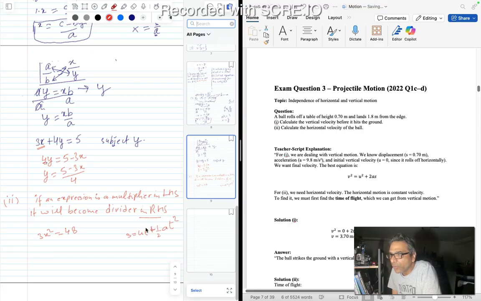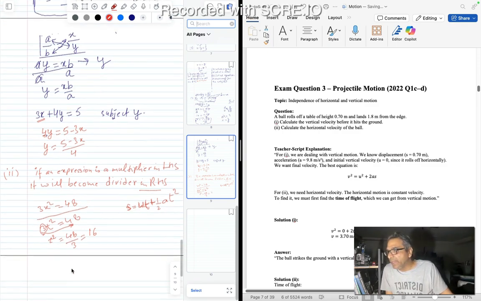Sometimes it becomes like this: 3t square equals 48, let's say. So there is a coefficient on this side. If it is a multiplier, it will become a divider on the other side. So that's what we did: t square equals 48 over 3, which becomes 16.